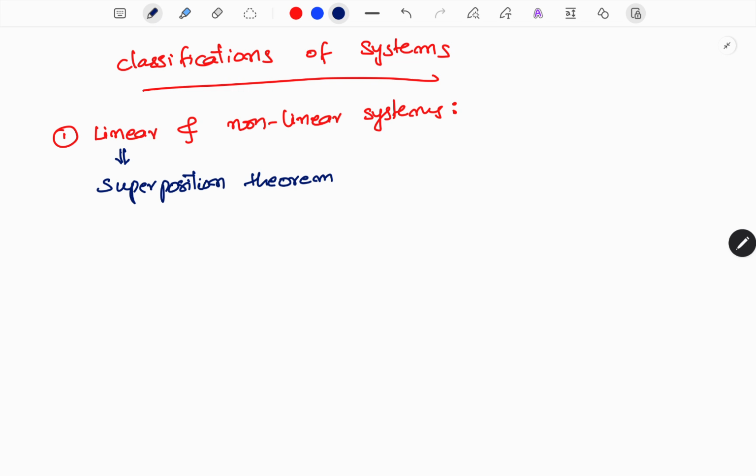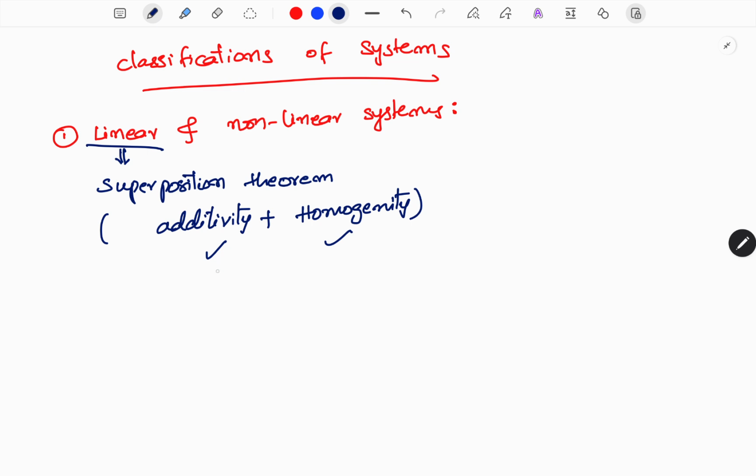In the superposition theorem, there are two conditions: one is additivity plus homogeneity. If the system obeys these two conditions, then that system is known as a linear system.